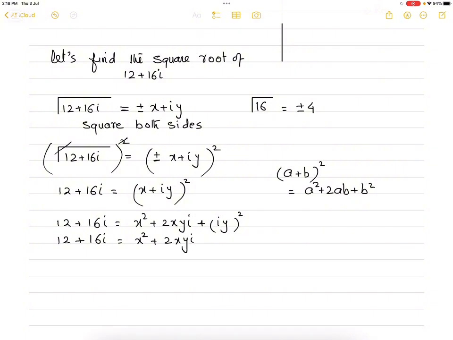Now look, I'm going to write minus y squared because i squared is equal to minus 1, and that negative will work with the positive sign and turn it into a negative sign. So I have to write minus y squared. Now in my next step, I will collect the real parts, like x squared minus y squared, and the imaginary part at one side.